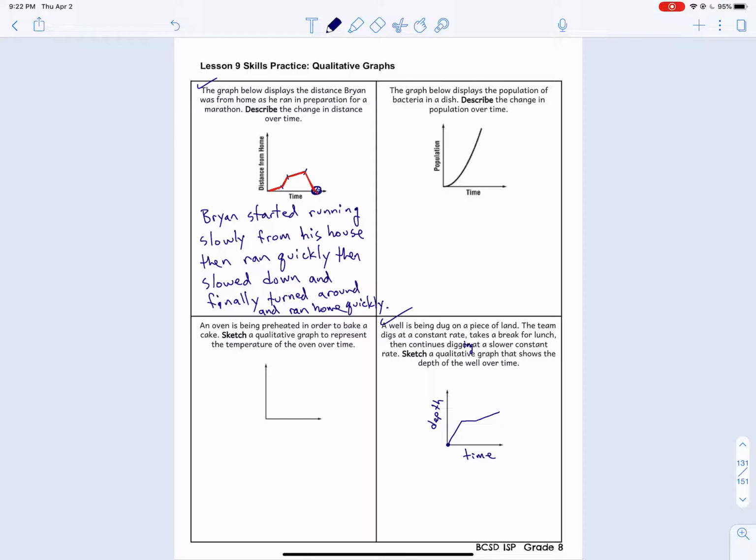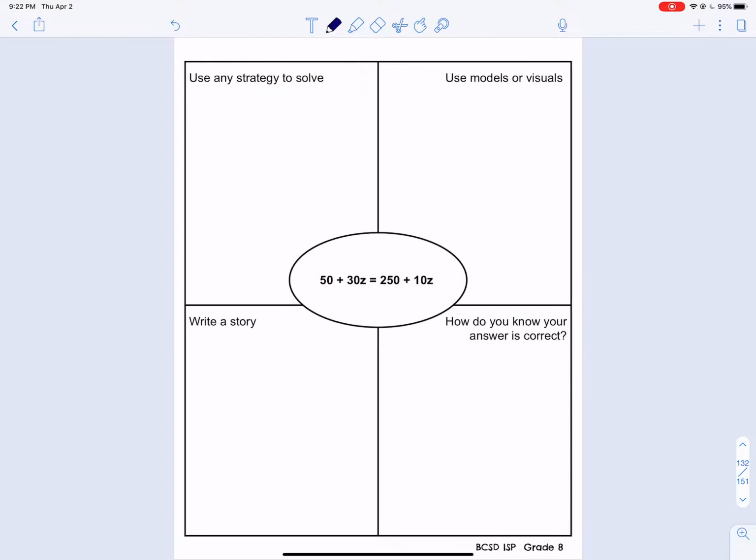And then that's all we know. It doesn't say how long, it doesn't say anything. So I guess we can assume that once we get to this point, that's whatever depth we needed the hole to be, and then we can see how much time it took if we had numbers. Okay, so that's it.